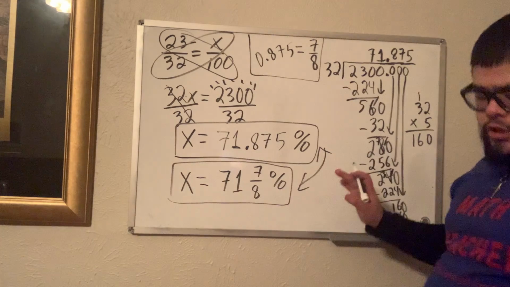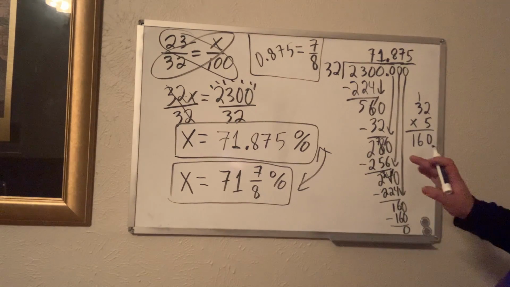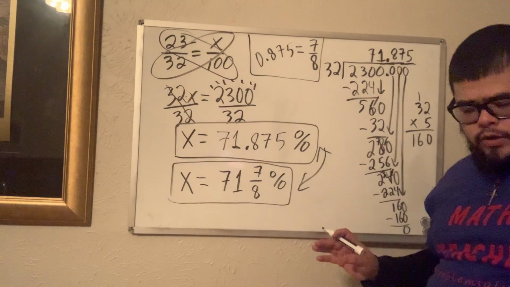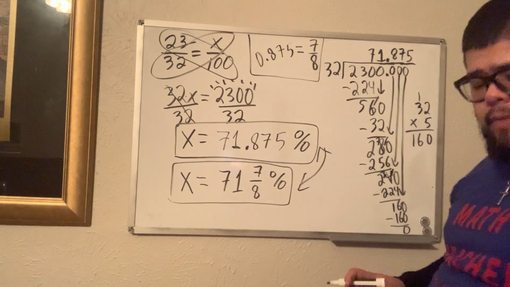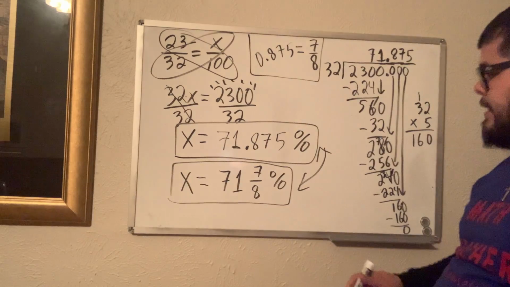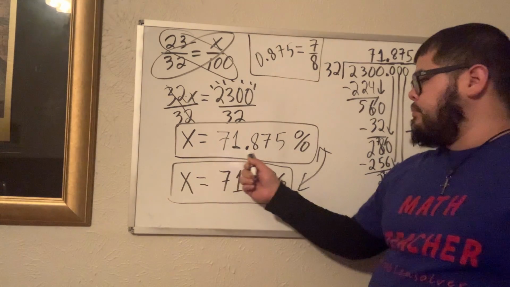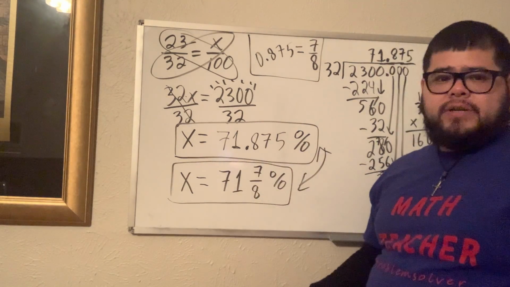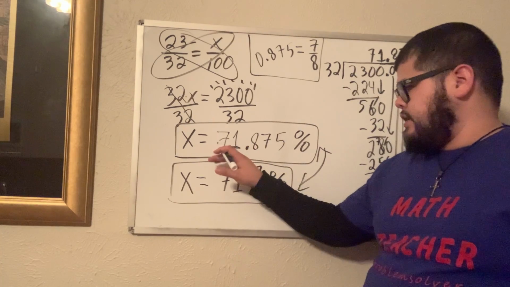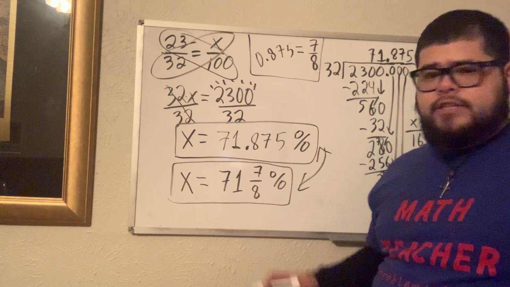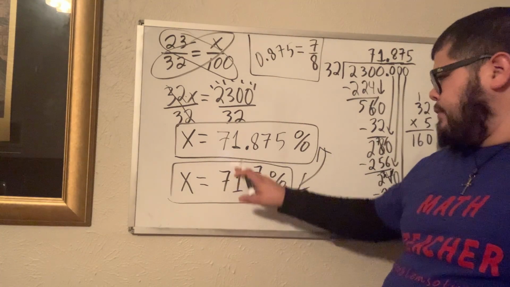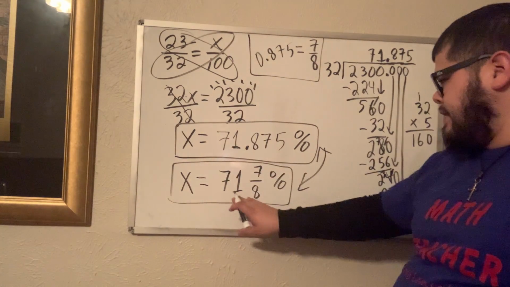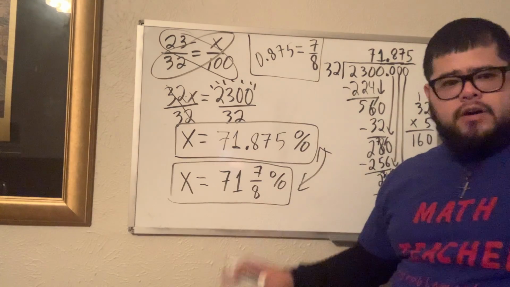So again, we were just trying to figure out, since there's a classroom full of 32 students, 9 of the students were women, 23 of the students were men, what percent are men? The percent was 71.875%, pretty much 72%. If you round it up to the nearest whole number, it'd be 72%, which again, if we rewrote 71.875, we would get 71 and 7/8% of the students were men.